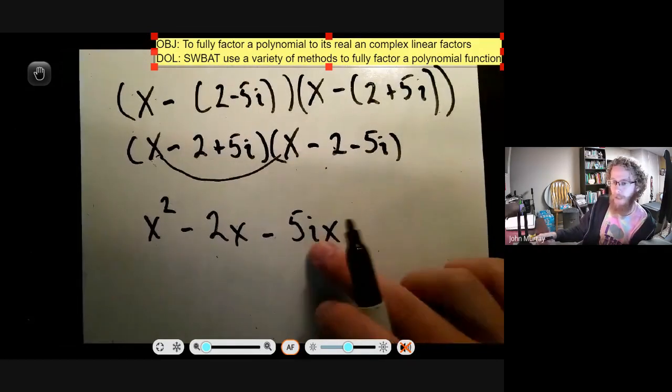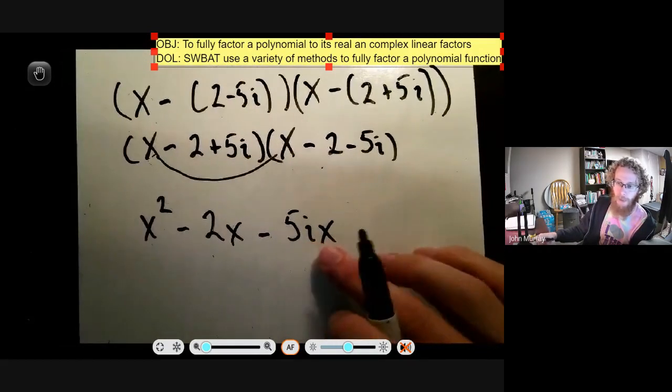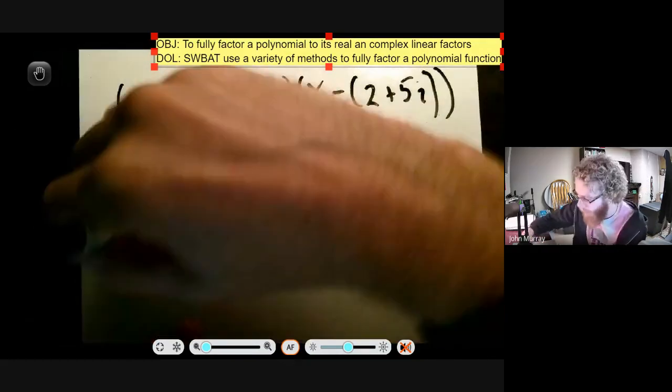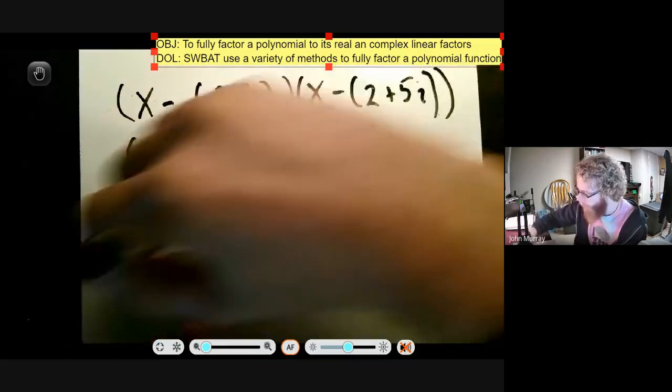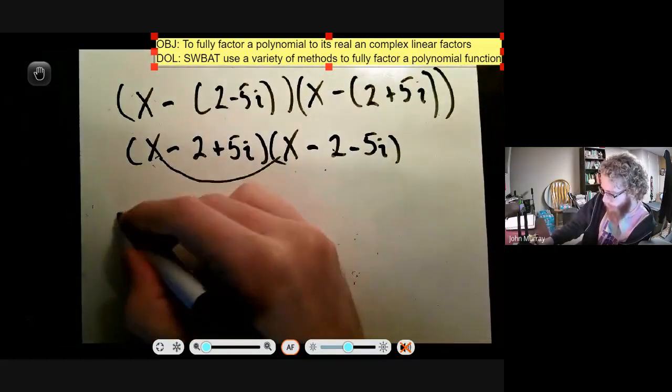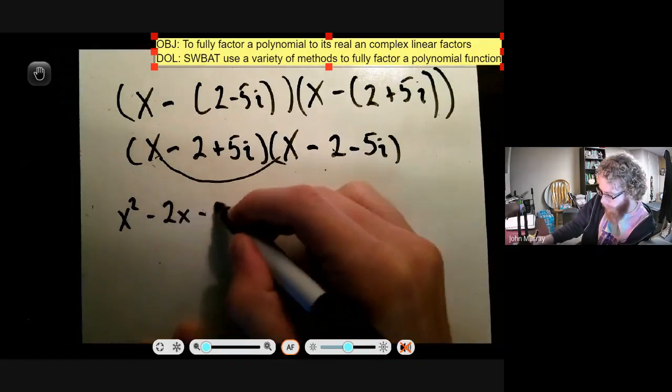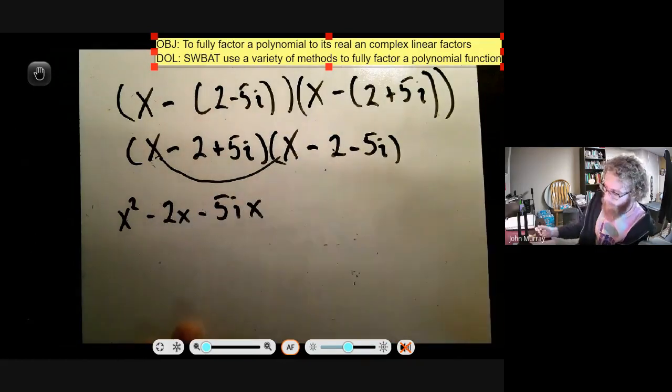Now, when we do something like this, it doesn't really matter which one comes first. Usually the variable always goes last, so that's why I wrote it like this. I'm just going to rewrite it so I don't take up so much space. x squared minus 2x minus 5ix.